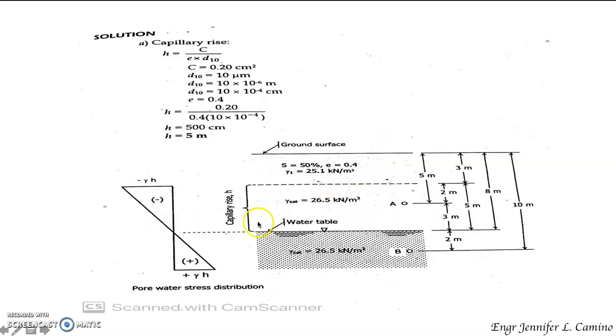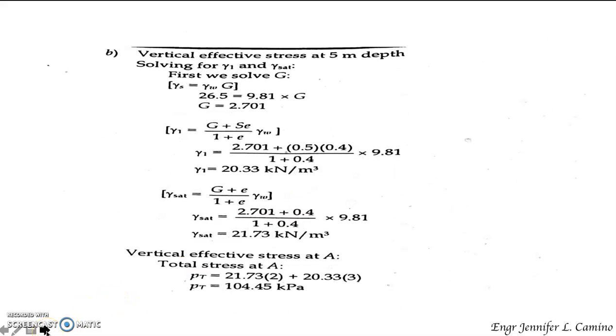Since we are given the unit weight of the solid, we can compute the unit weight of the unsaturated soil and the saturated soil. So we get first our specific gravity. From this equation, unit weight of the solid is equal to the unit weight of the water times G. Simply substitute the given parameters. Our G, the specific gravity, is equal to 2.7.